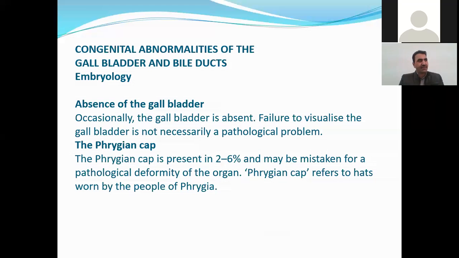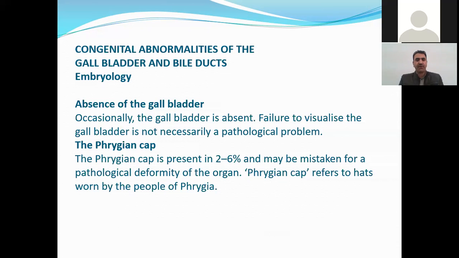Phrygian cap, the second congenital anomaly, which is a benign anomaly, okay, because Phrygian cap is present in 2 to 6%, and is usually mistaken for a pathological deformity of the organ, but it is not a pathological deformity.